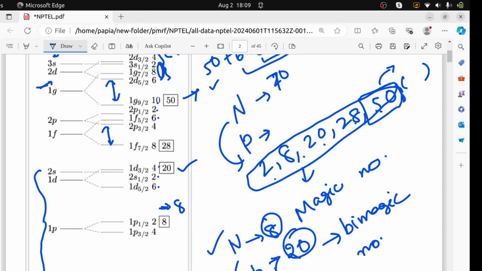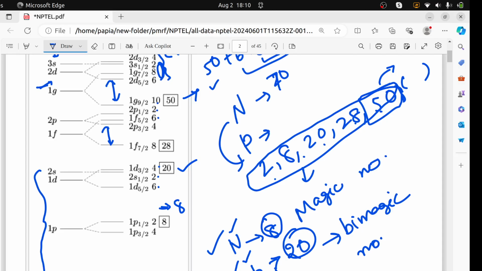If only one of the neutron or proton has a magic number, then we will have a very stable compound. But if N and P both have magic numbers, it is called a bimagic number, which will be more stable than a magic number, because obviously N is fully filled and P is also fully filled.